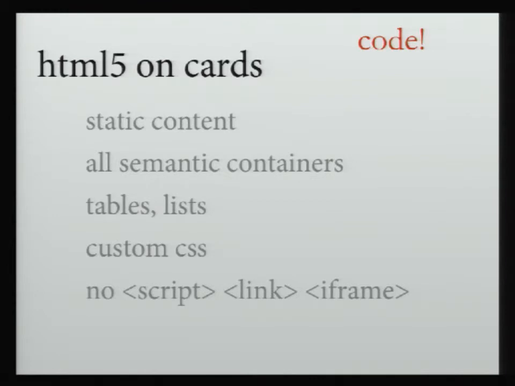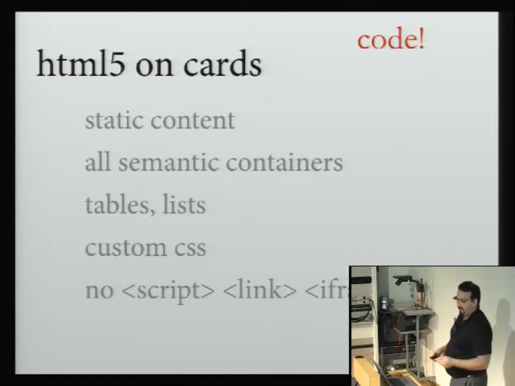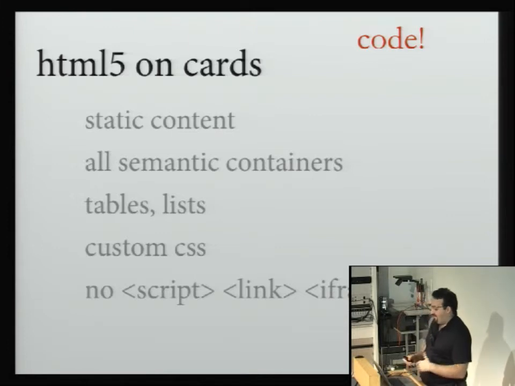All semantic containers are there: section, article, divs, table, list. You can create your own custom CSS. There are some templates available that you can download if you want to start playing with it right now. But no script, no link, so no external files, no iframe. No Flash. But remember that you can also add an action and open a browser.